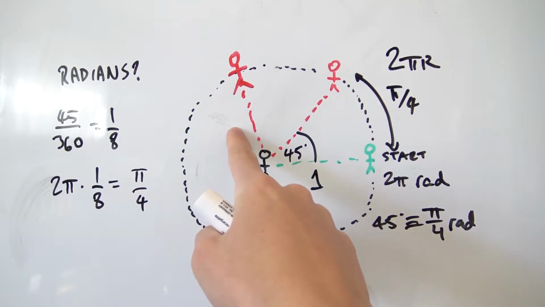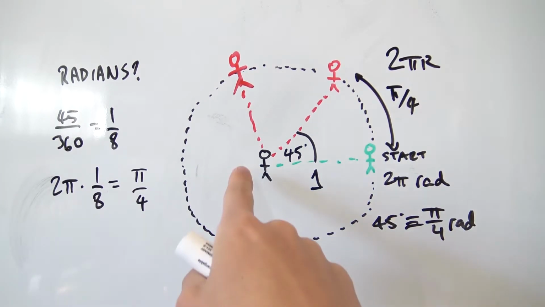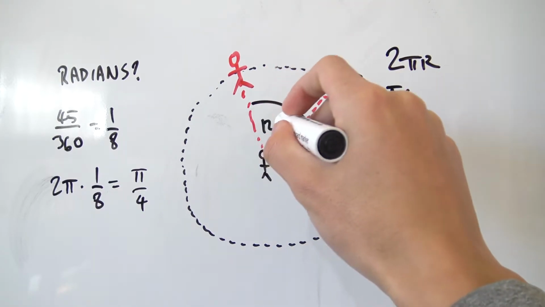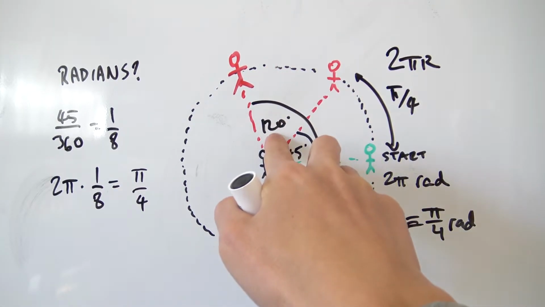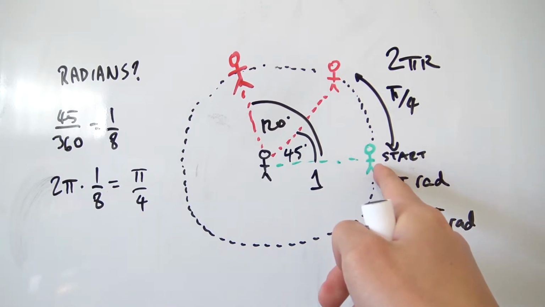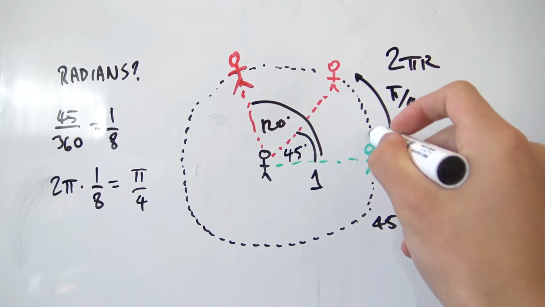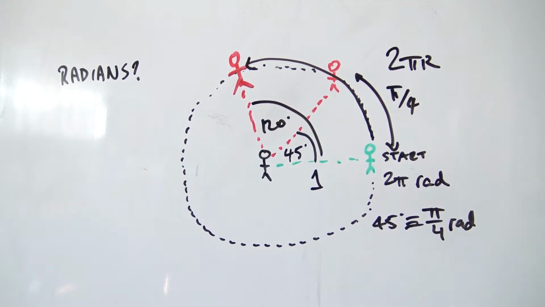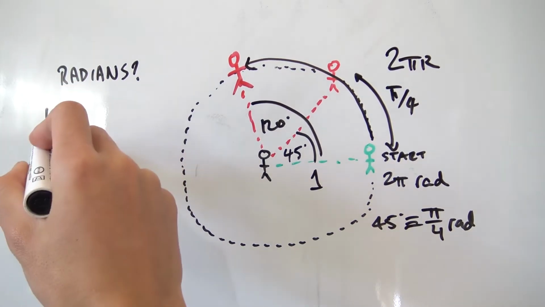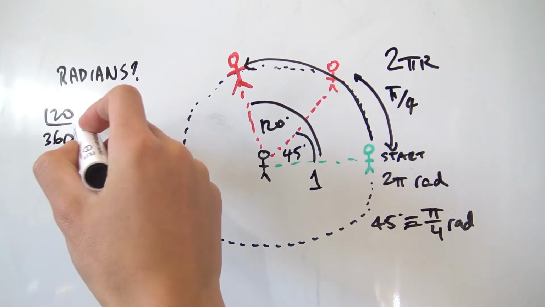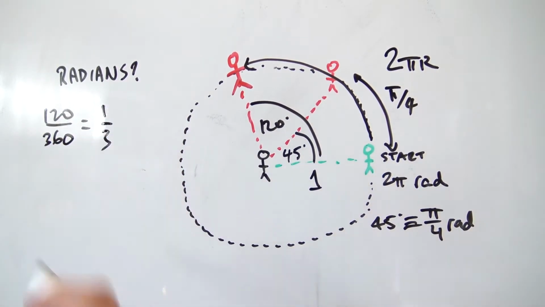Let's say this person ended up over here, and in degrees we know that this person had to turn his head maybe 120 degrees. What exactly is that in radians? In radians, we're asking how far this person had to travel to walk all the way around to this position. We know 120 is exactly 1/3 of a full revolution, because 120 divided by 360 is exactly 1/3.